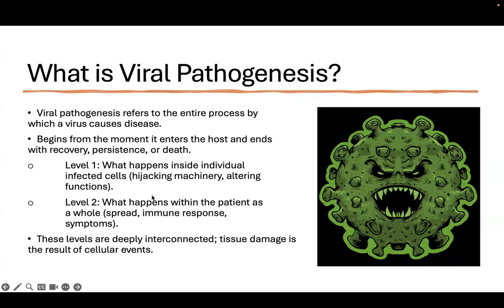So the whole outcome of a patient really comes down to how a virus is interacting with a cell. Today we're going to learn more about that: how does a virus interact with a cell, and how can that lead to different outcomes at level 2?